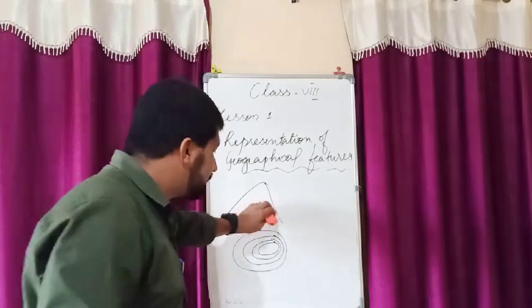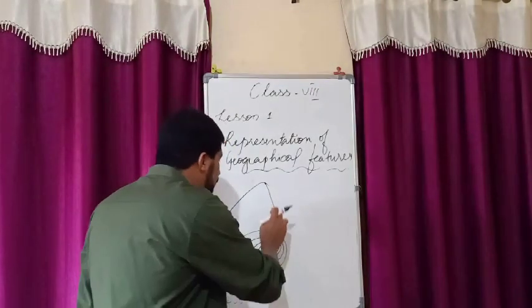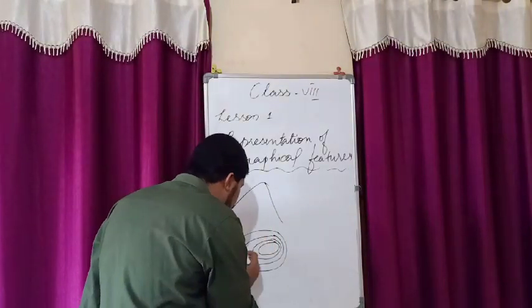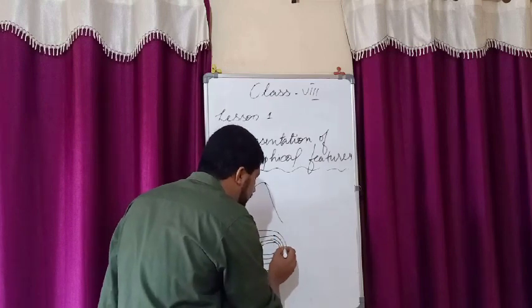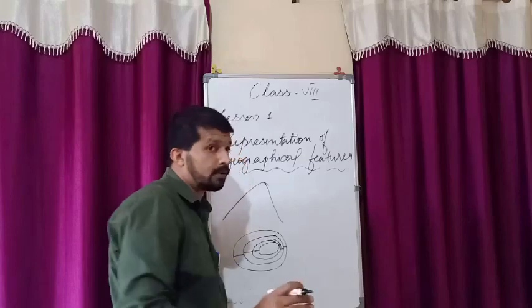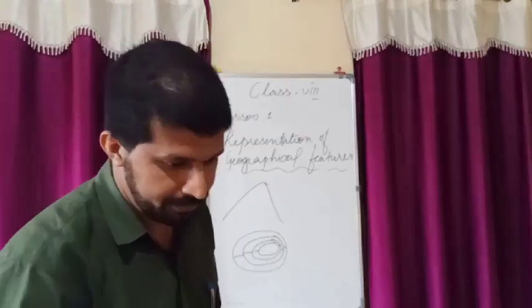So, in this way we can understand that gentle slopes are represented by widely spaced contour lines, whereas steep slopes are represented by contour lines placed closely together.